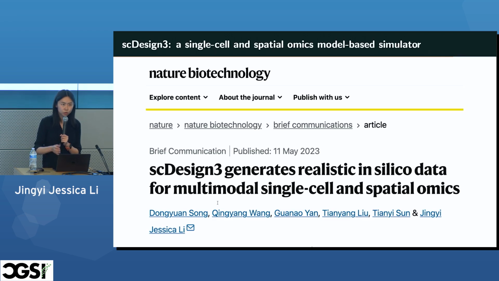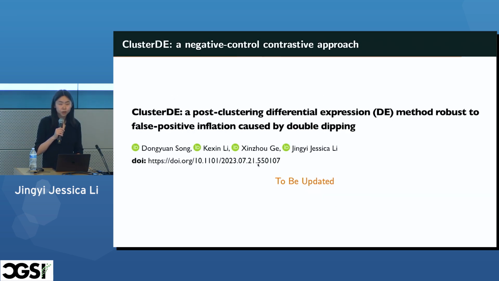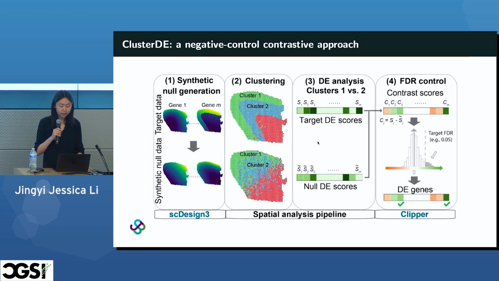I will just quickly say what we did for the negative control. This is built upon our simulator called scDesign3 for spatial data. And this is a preprint. You can check it out. But this is to be updated because this is only for single cell, but now we have added spatial data. And the method is called ClusterDE. Without going into detail, ClusterDE is a negative control contrastive approach. The top row is your real data analysis.